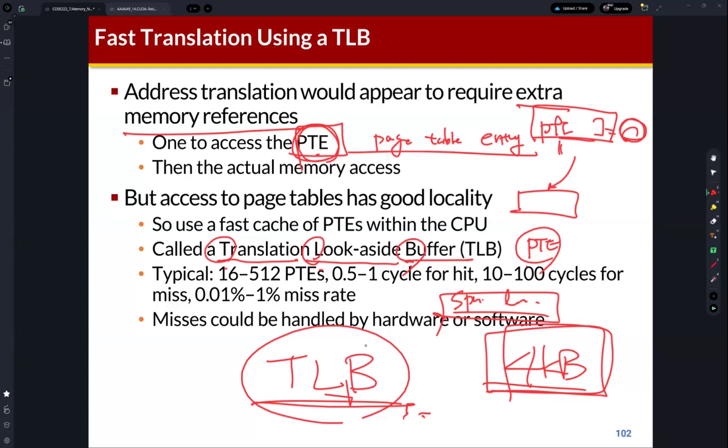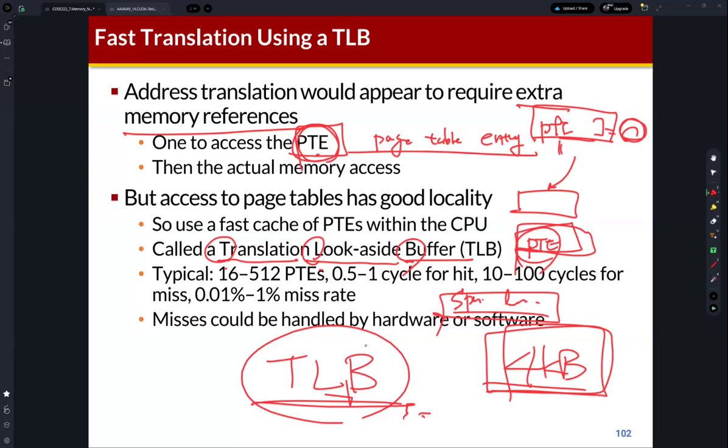So if this page table entry is cached, stored in a CPU, then this mapping information can be used again and again. This is a very good idea.